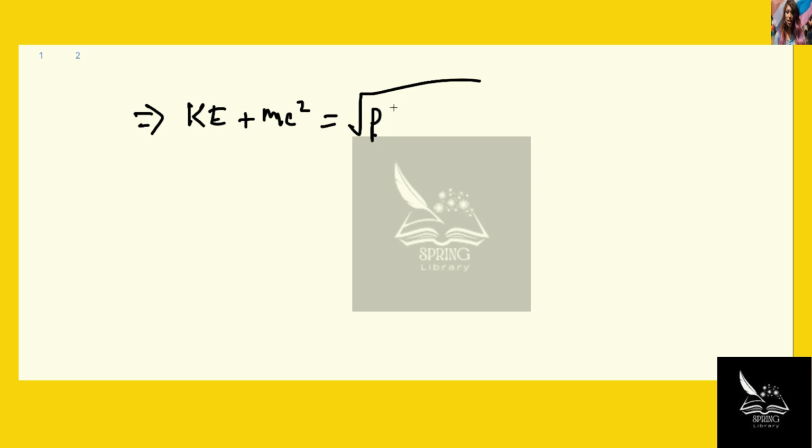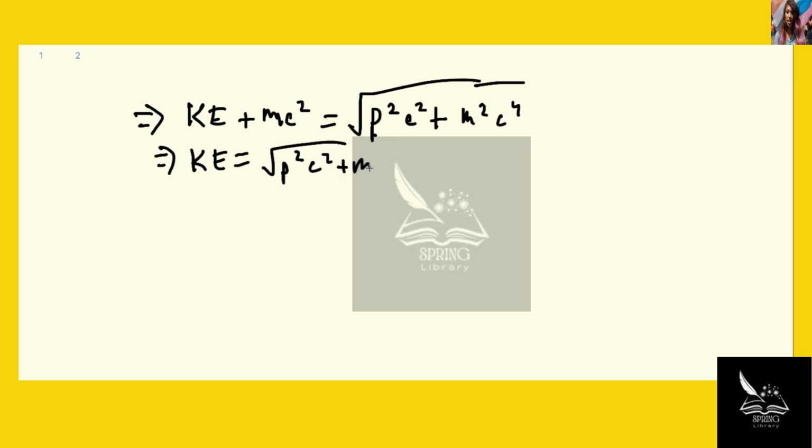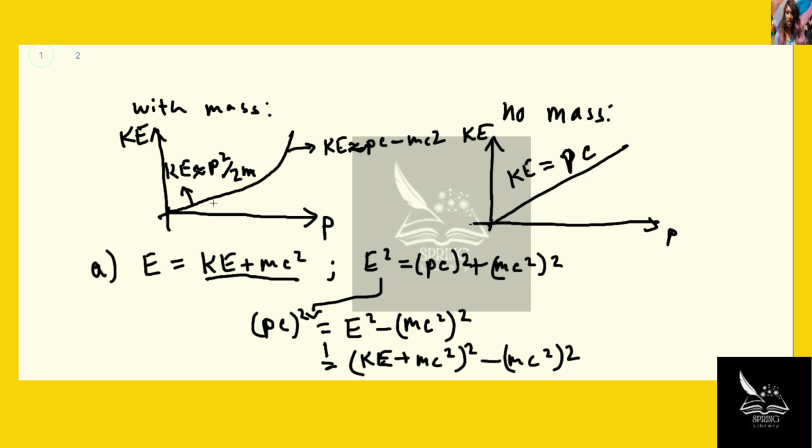Square root of p²c² plus m²c⁴. Therefore, for a particle with mass, KE is the square root of p²c² plus m²c⁴ minus mc². So that's your equation, and that's what we're plotting here in the plot on the left-hand side for mass.